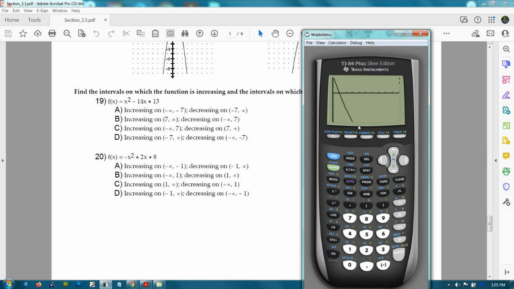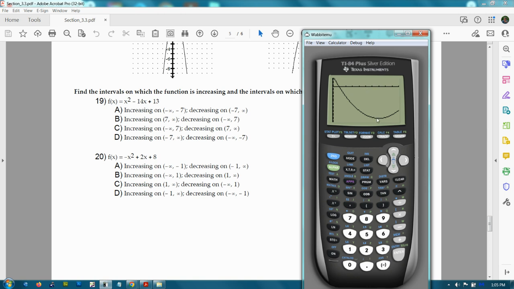Here again, I'm not seeing what I want to see. I want to see more of the y-axis, so let me go to window and make this maybe minus 40, and take a peek at it now. Let's see if I count, this is 1, 2, 3, 4, 5, 6, 7.